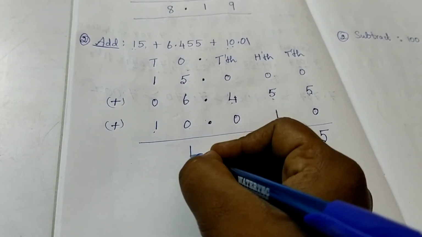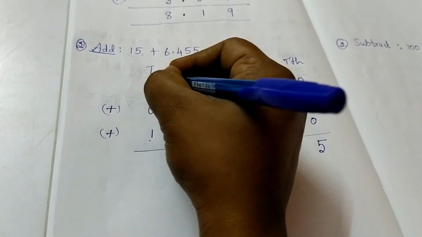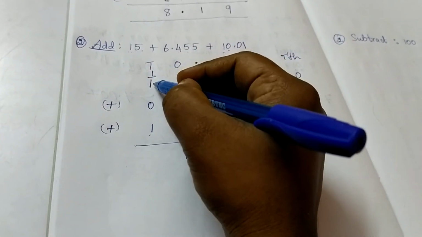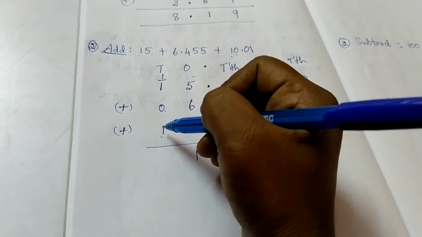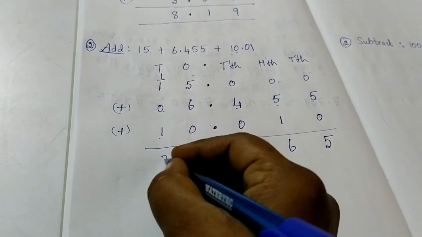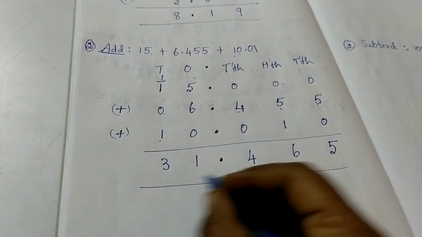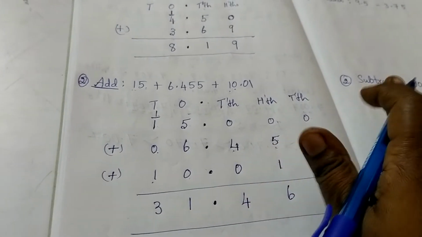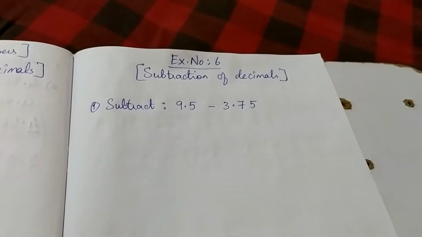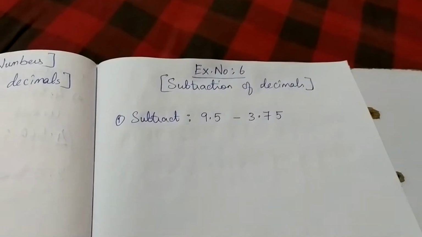So 1 here and carry forward to tens place. 1 plus 1, 2. 2 plus 0, 2. 2 plus 1, 3. So answer is 31.465. Okay.